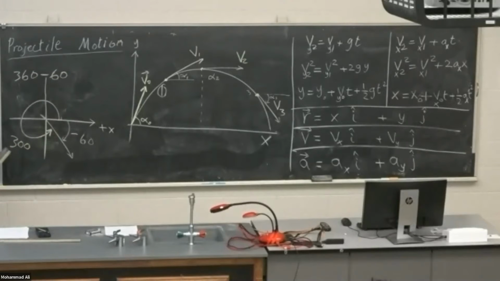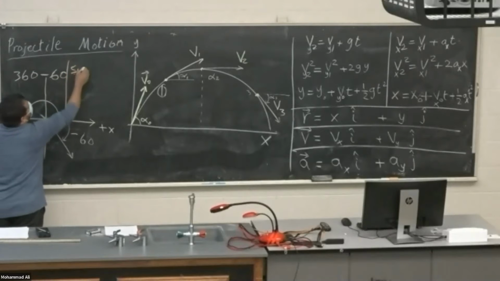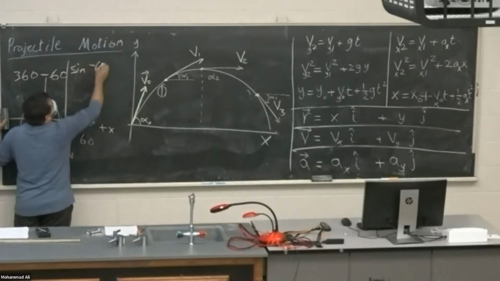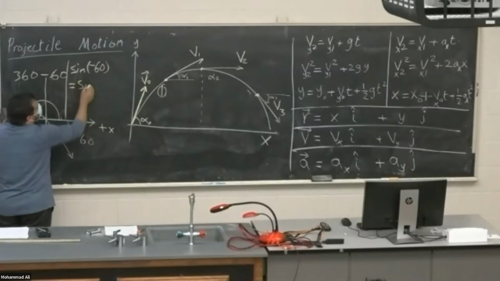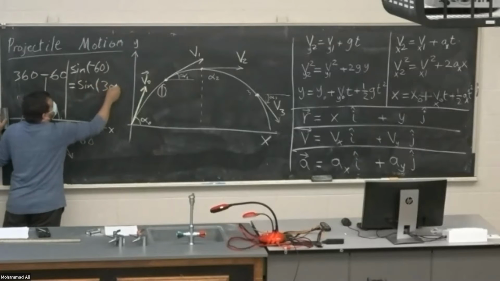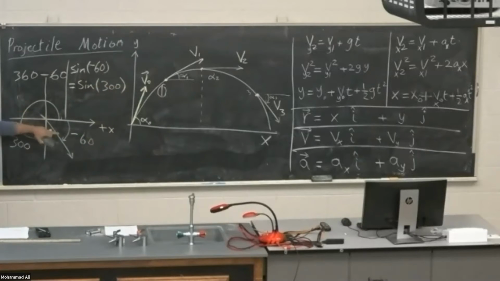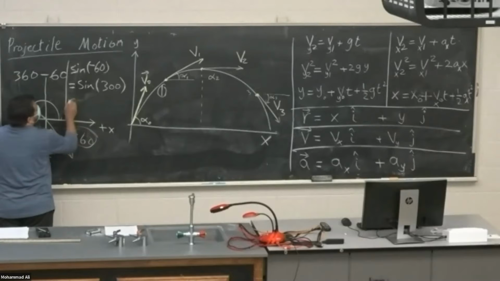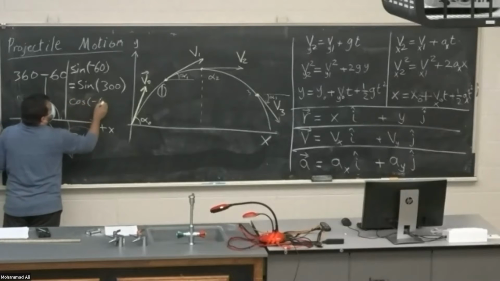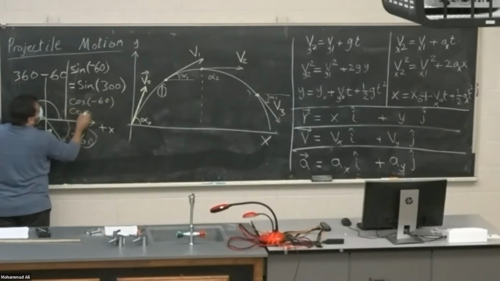But if you need to find sine of minus 60, it is the same as sine of 300. The sine of this angle is the same as of this angle. It is negative. The sine is the y component. Also the cosine: cosine of minus 60 is equal to cosine of 300.